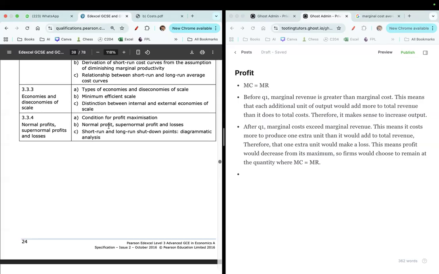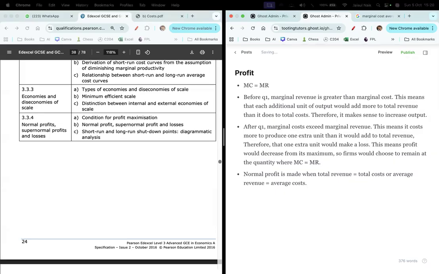So normal profit is made when total revenue equals total cost, or average revenue equals average cost. Both are fine. It doesn't matter which one you use. They're both the same thing.